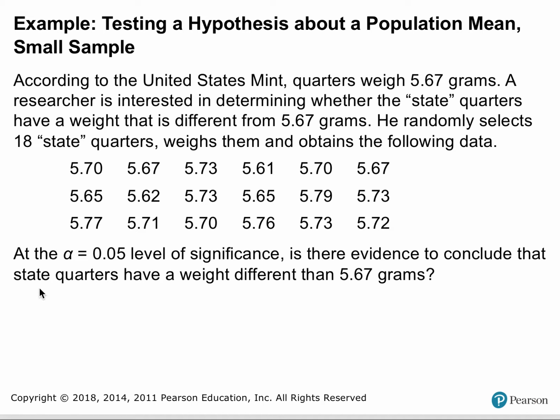All right. So our null hypothesis is that mu is 5.67. Our alternative hypothesis, now notice it just says different, so not equal. Oh, I need my mean. Good thing I've got all that data in my list, because now we can just go into our calculator.